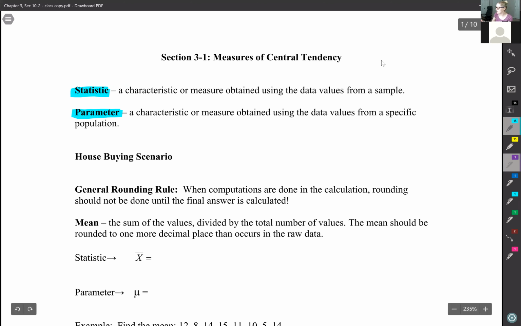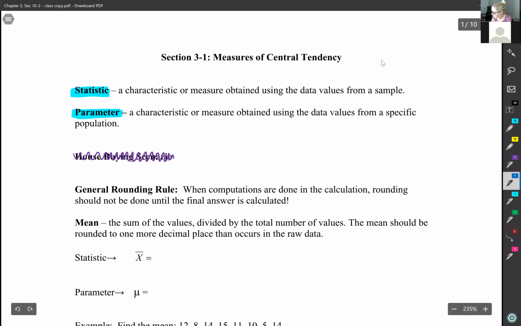So cross out the house buying scenario here. I'm just going to talk about something else. I'm going to talk about an example of a statistic versus a parameter. The example is a group of sales representatives for a company. So that's our background here.